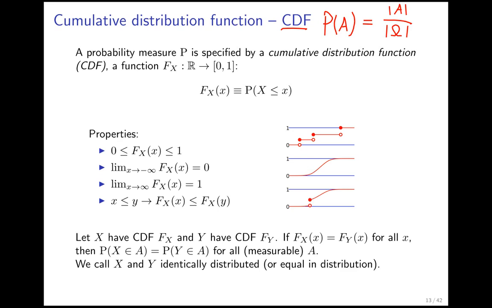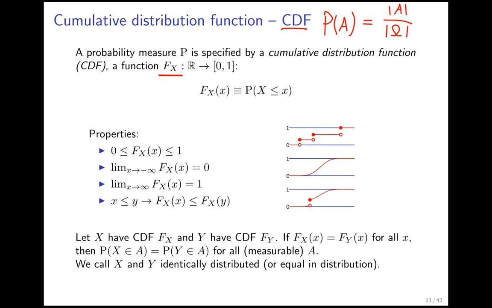And we assume that we are given a function F_X. Note the notation here. Capital F means it's a CDF, and the index X means it corresponds to the random variable X. And it takes a real value, that's essentially the output of the random variable, and it maps it to a value between 0 and 1.